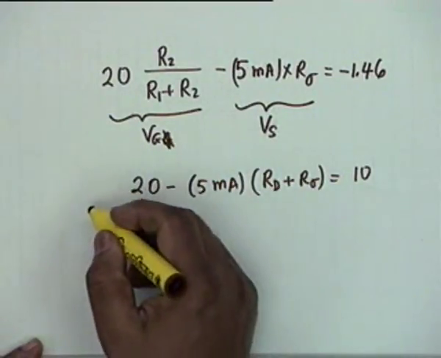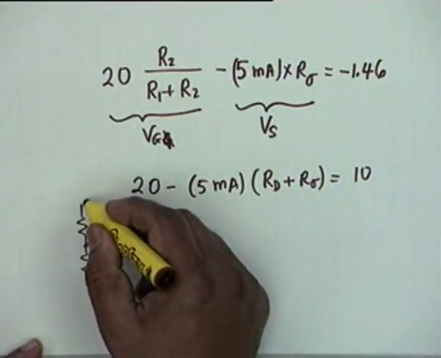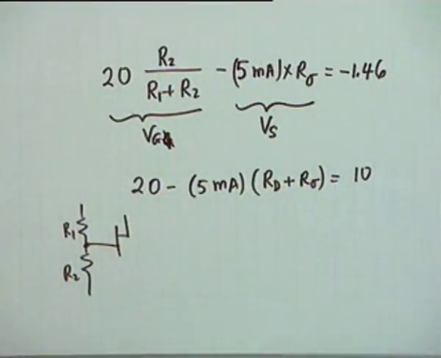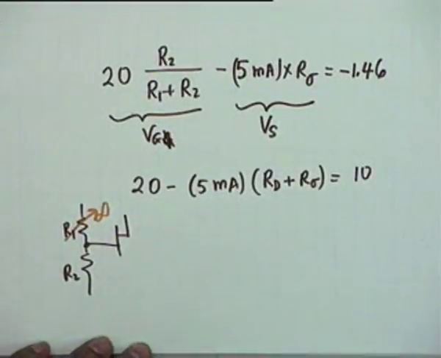Now one of the things that we can do is, since our gate is being supplied through a resistance combination, R1 and R2, suppose we make, since we have a choice, suppose we make R1 go to infinity. Can we do that?